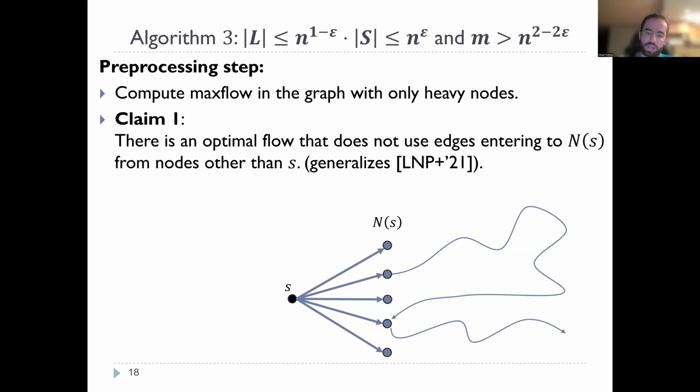Now, why is this correct? Assume that there is such a path, as you can see below. Because the edges that go from S to the neighborhood of S have high capacity, infinite capacity essentially, we can just ignore that curve and instead add capacity on that edge. And so we can just assume that there are no such edges.